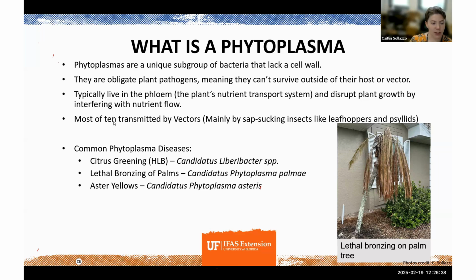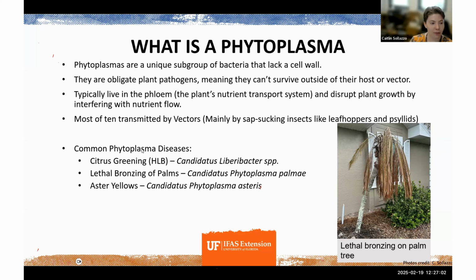Most often, they are transmitted by vectors, mainly sap-sucking insects like leafhoppers and psyllids. This is understandable because sap-sucking insects feed on the phloem, so it's a really easy way for the phytoplasmas to get straight from the phloem to the insect vector, because again, they cannot survive outside for any amount of time.